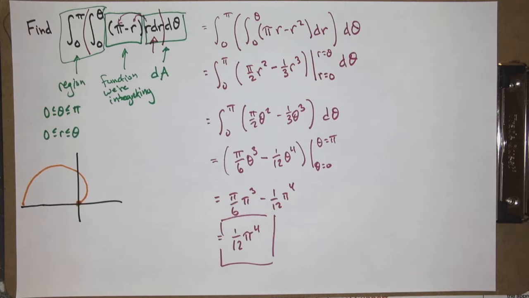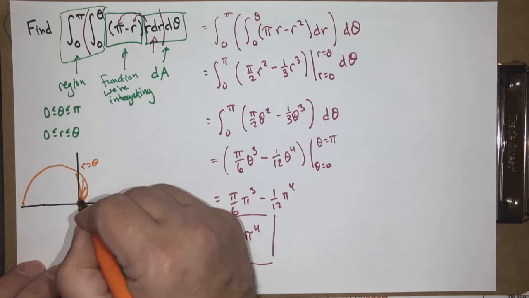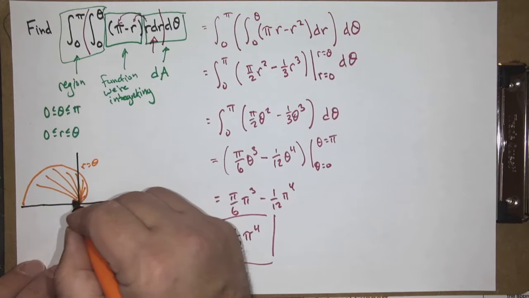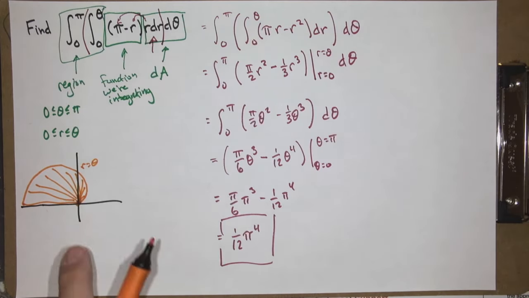So this is the curve R equals theta. As you move along this curve, you're going from 0 out to R equals theta. So this is the region that you're integrating over.